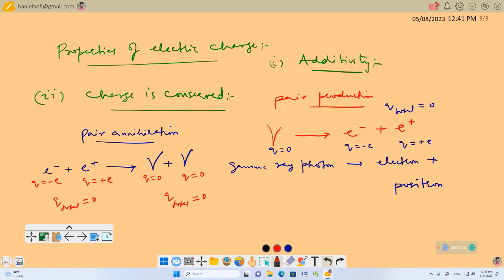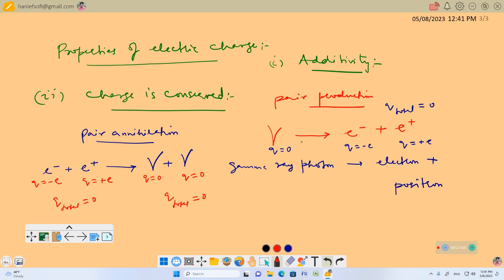So don't get confused. Here we have one gamma ray photon giving an electron and a positron, and here an electron and a positron combine to give two gamma ray photons. This pair production happens near some nucleus when the gamma ray photon is going in the neighborhood of some nucleus. Then we have another rule called conservation of momentum.